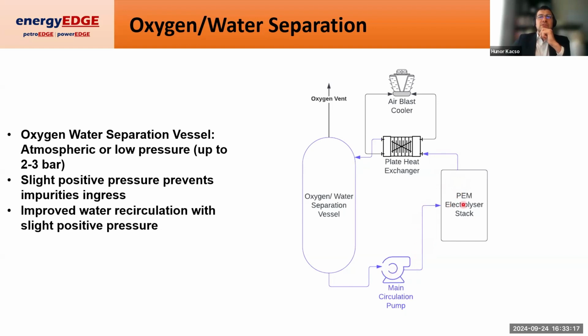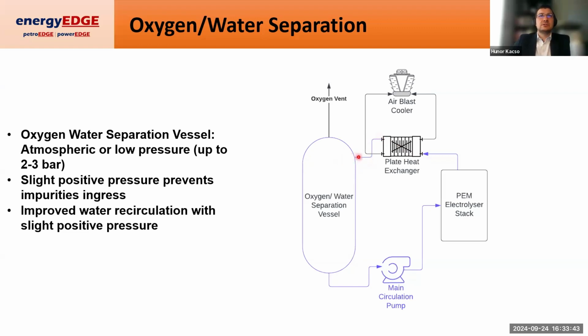Again, the water goes into the stack. When the water comes out of the stack, there'll be a lot of oxygen. In fact, if this was a clear tube, around 38% of what you'd see in that tube would be oxygen bubbles.